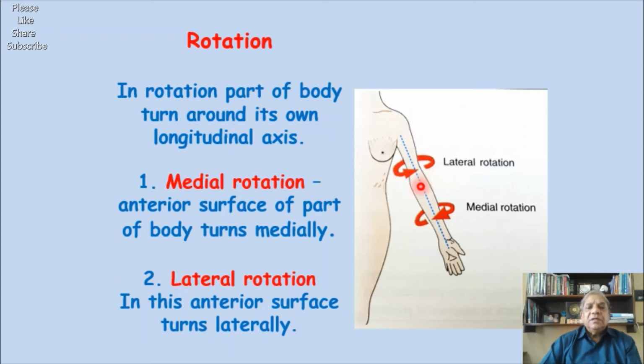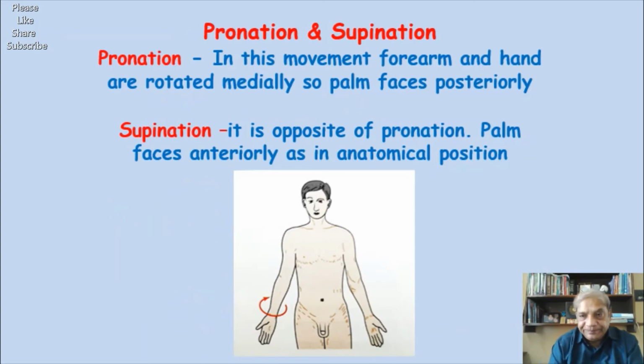From this medially rotated position, the limb rotates laterally to come back to the anatomical position, and from the anatomical position you can rotate it further laterally. That is called lateral rotation. Try to do it in your own upper limb.